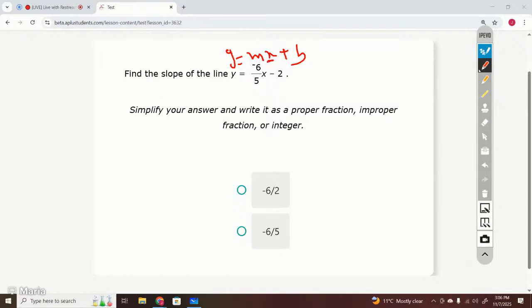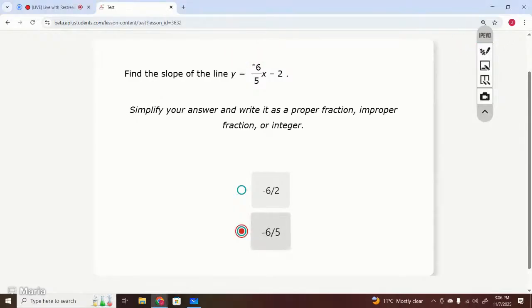So here in the given equation that is negative 6 by 5. Option number 2 is the correct option, that is negative 6 by 5.